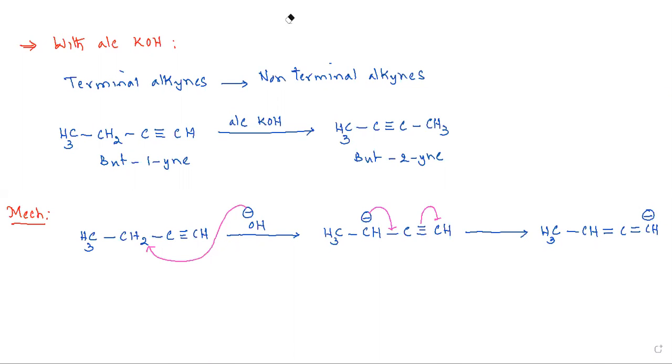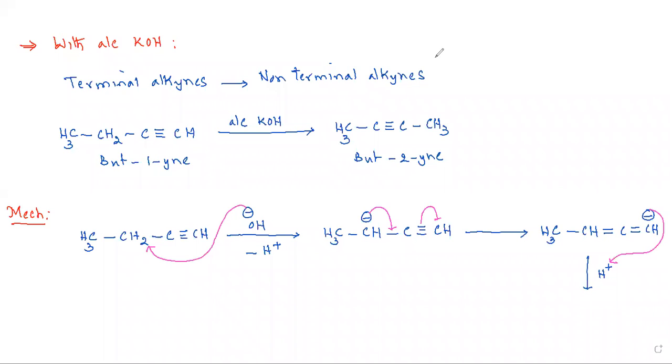Now, see, in the first step, we have actually abstracted a proton using a base. Now, that proton will come into picture. In general, if you want, you can actually take H3O plus, no problem.